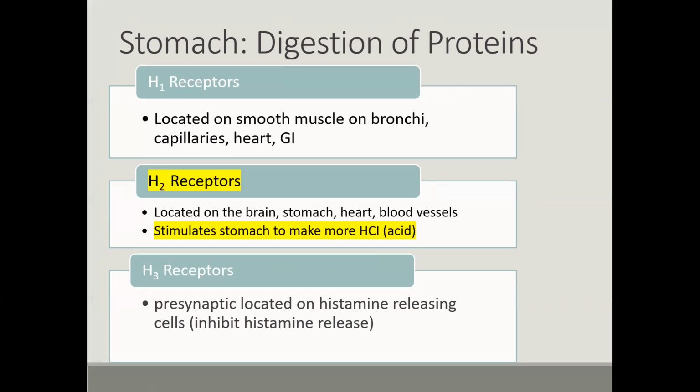Well, there's histamine 2 receptors, and there's a lot of those in the GI tract. So medications that have to do with GI conditions, a lot of them work on histamine 2 receptors, usually blocking. So H1 receptors are located on smooth muscle, on the bronchi, capillaries, heart, and GI.